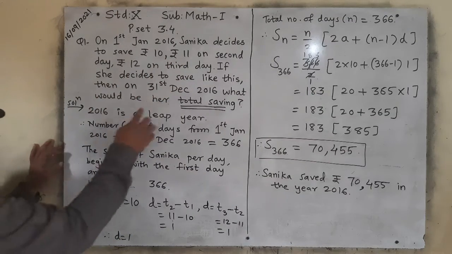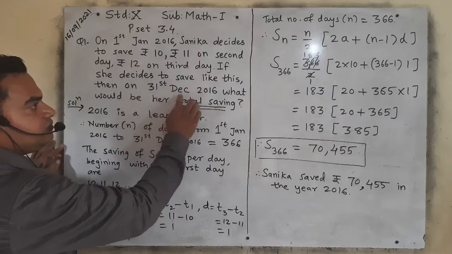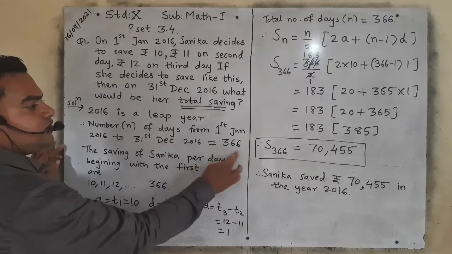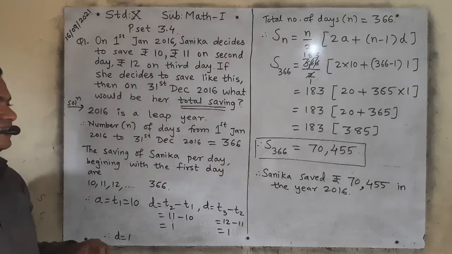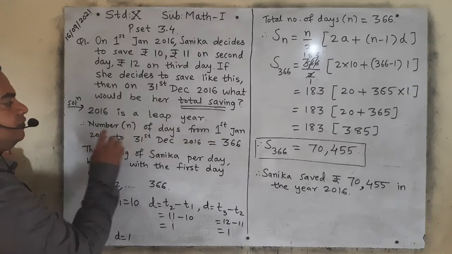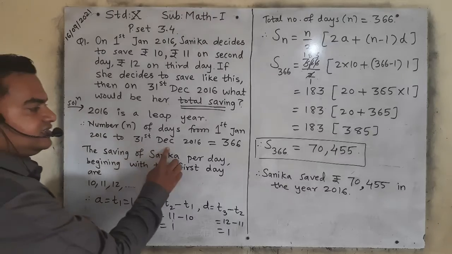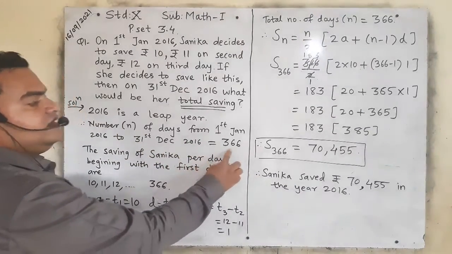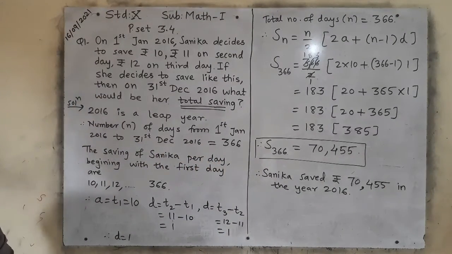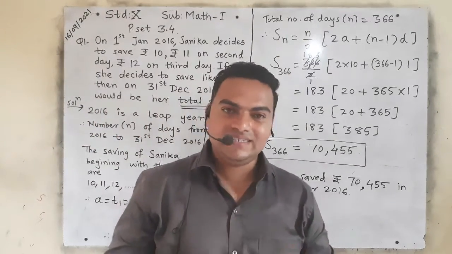Like that till 31st December 2016. The total number of days will be 366, because 2016 is a leap year. The number of days from 1st Jan 2016 to 31st December 2016 is 366. It means the value of n is equal to 366.